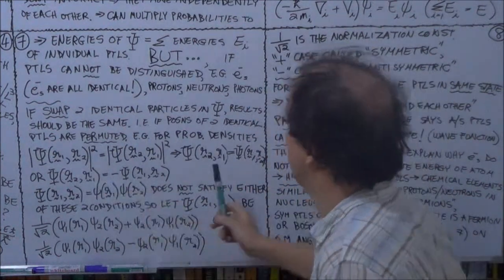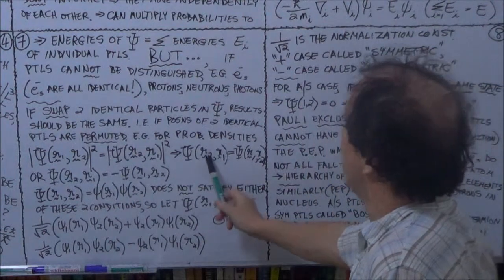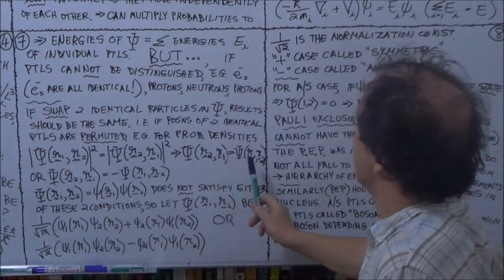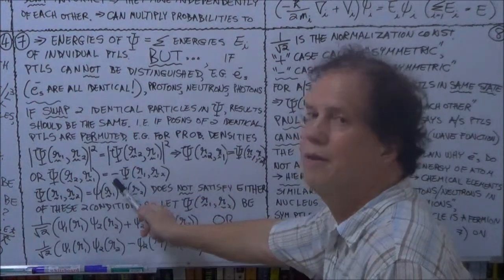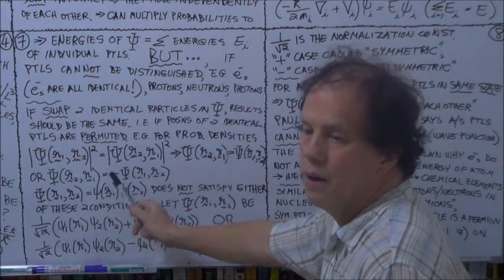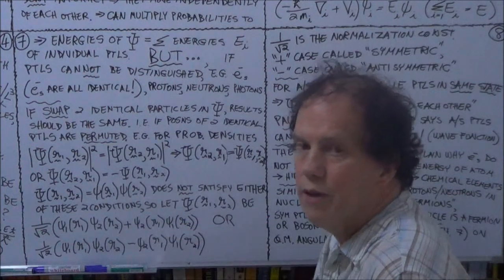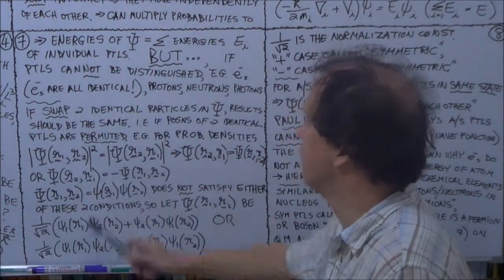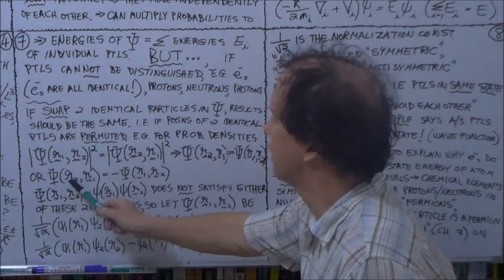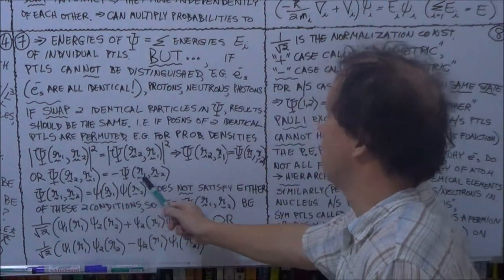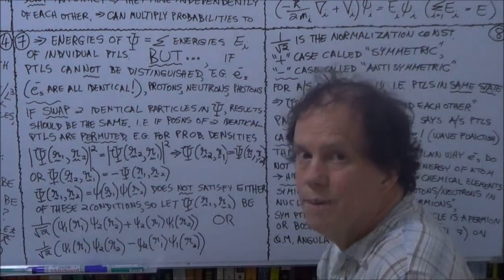So either the two-particle wave function at R2, R1 is the same as at R1, R2, or if you swap them around, you get a minus sign in front of the two-particle wave function. So the other possibility is that psi(R2, R1) is minus psi(R1, R2). Okay? Just from simple math.